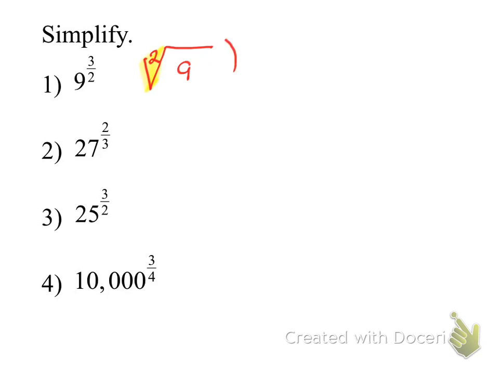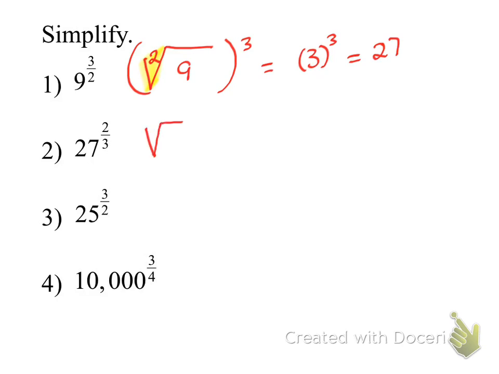I'm going to take the root first. So what is the square root of 9? 3. And then cube that. What is that? 27. Does that make sense? So you could take the power first underneath the radical or the power after.